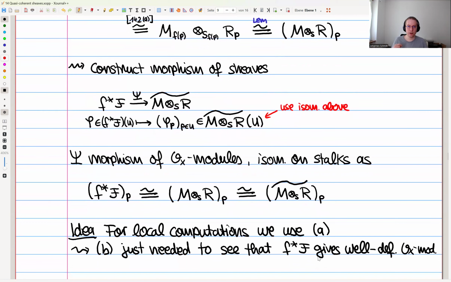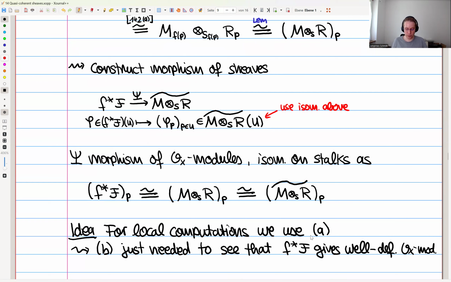Then, as I said, this construction in B is a complicated construction, no doubt about it. But you basically never have to actually do that. What you just do is you use B to give you an argument that this is a well-defined O_X-module, and it is basically uniquely determined by knowing it on this cover, and on the overlaps and so on.